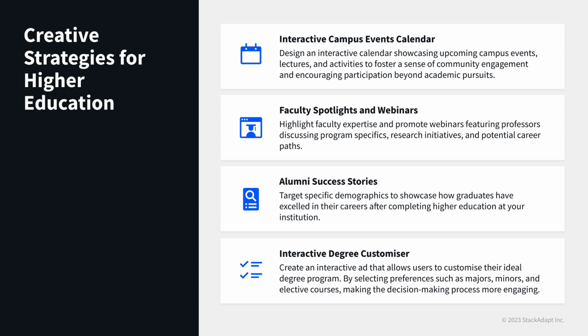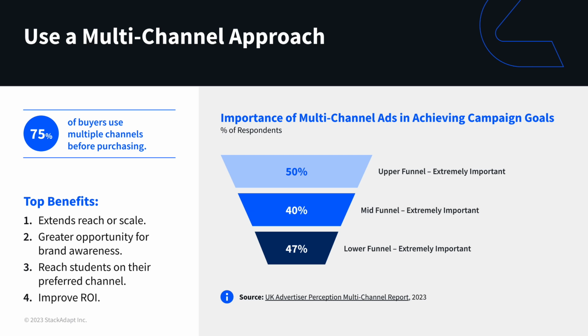You may also want to highlight webinars promoting programs and career paths, as well as showcasing alumni success stories. Finally, an interactive board that lets students customize their course preferences, such as choosing their majors or minors, will make their decision-making process more engaging and more fun. Let's remember the importance of having a multi-channel approach.